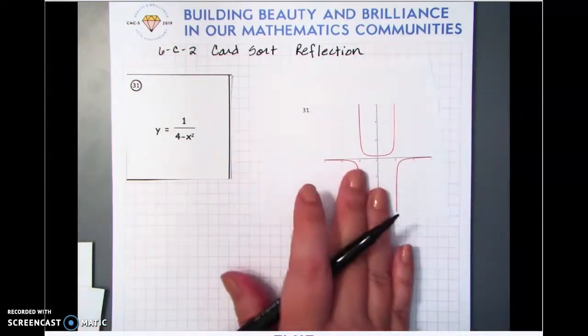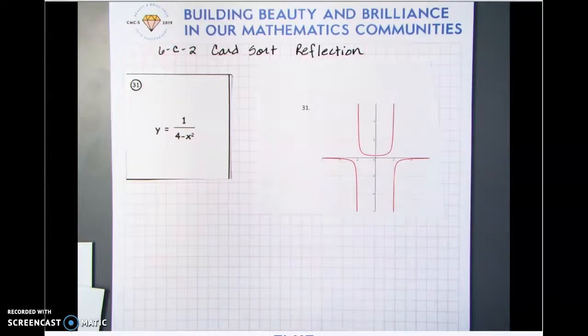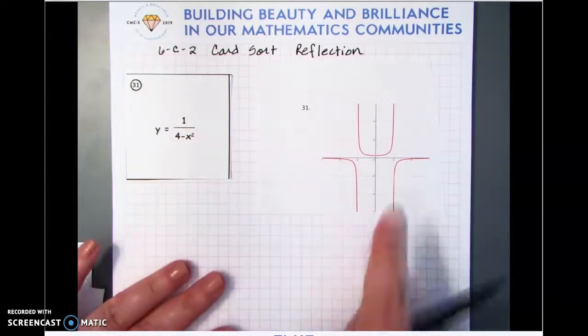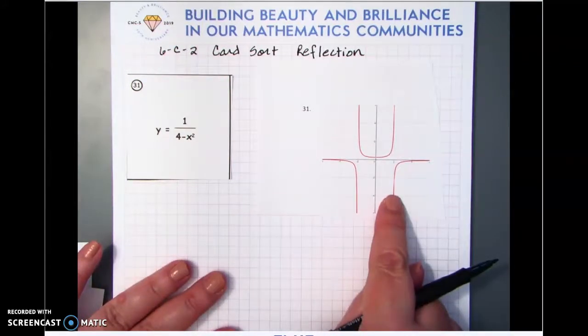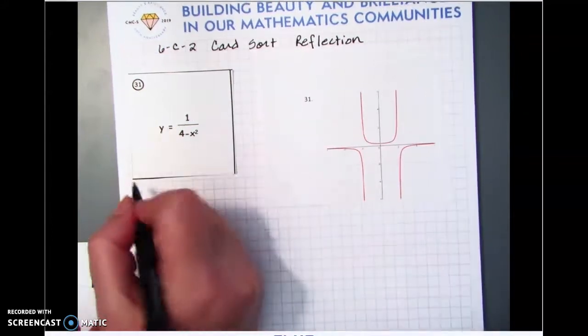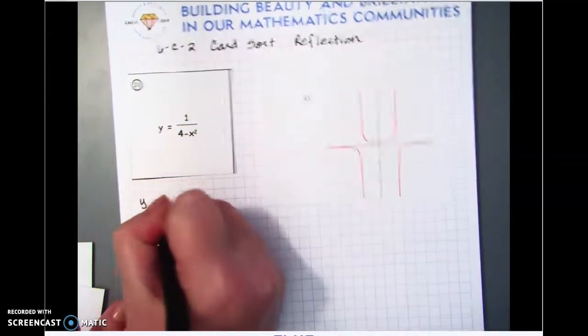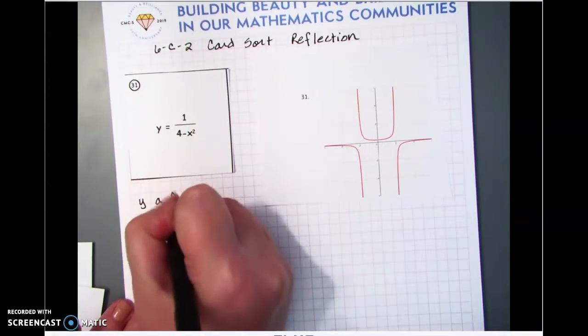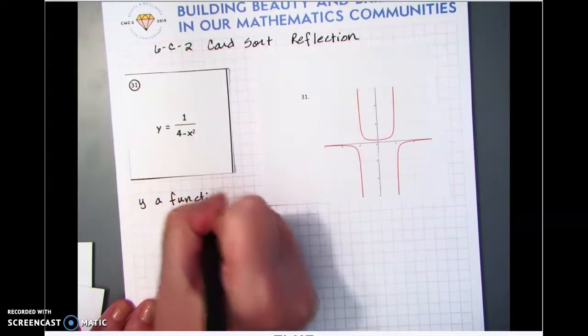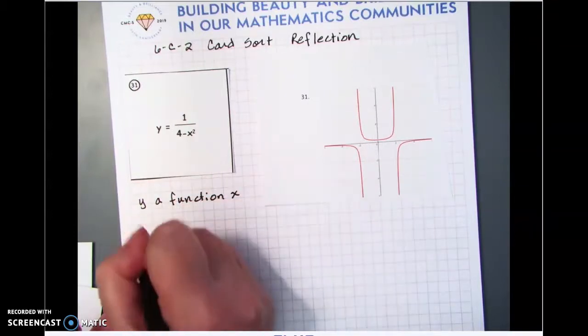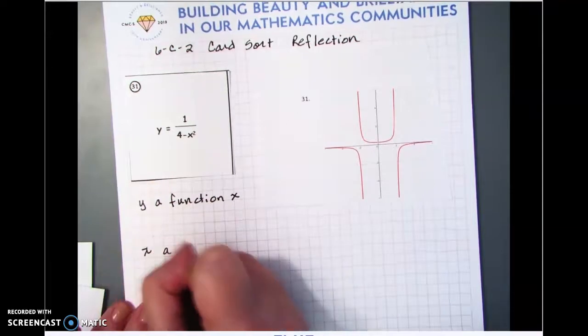Because this isn't a function that we're used to graphing, I went ahead and graphed it on Desmos. Then we're going to consider: is y a function of x, and is x a function of y?